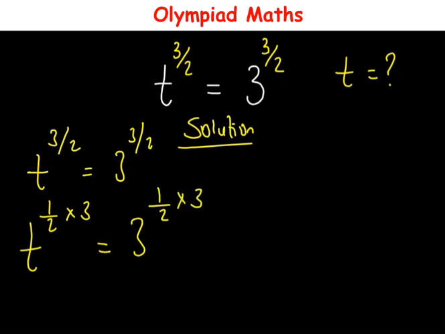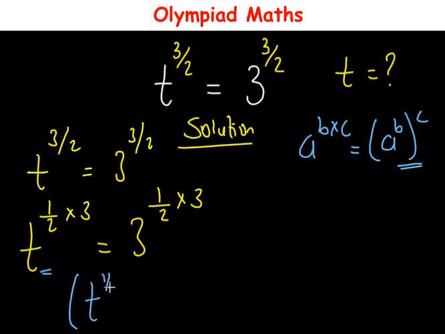Applying this rule of indices, that if you have a raised to power b times c, this equals (a raised to power b) all raised to power c, this then becomes (t raised to power 1/2) all raised to power 3, and also applying it here, this is then equal to (3 raised to power 1/2) all raised to power 3.